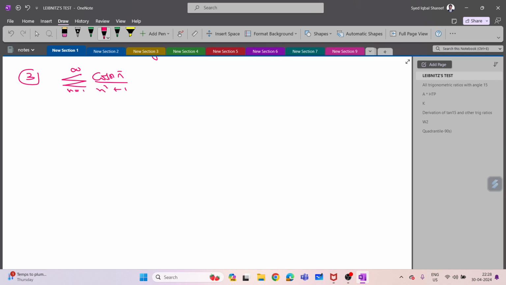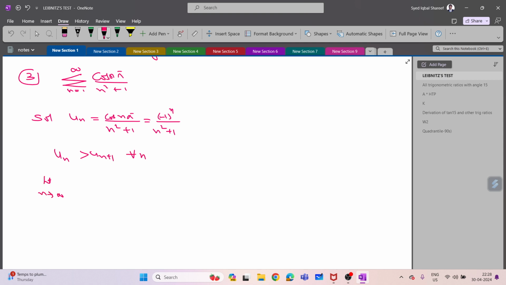So here un equals cos n pi divided by n square plus 1. Cos n pi is minus 1 to the power of n, by n square plus 1. So un is greater than un plus 1 for all values of n.